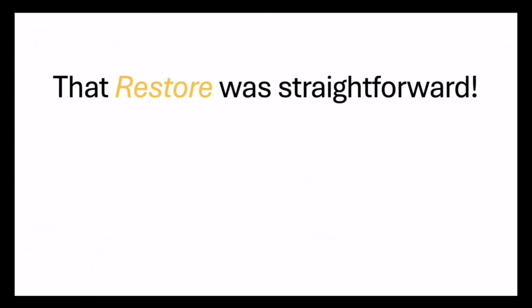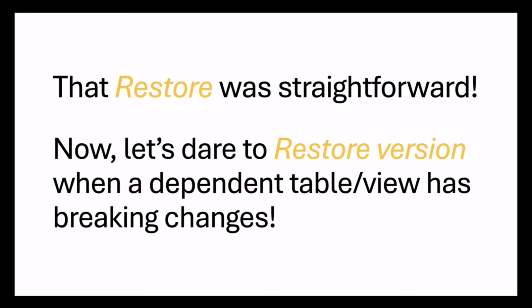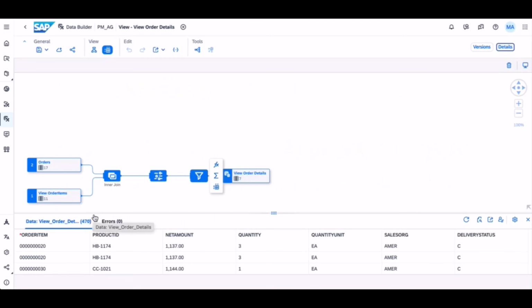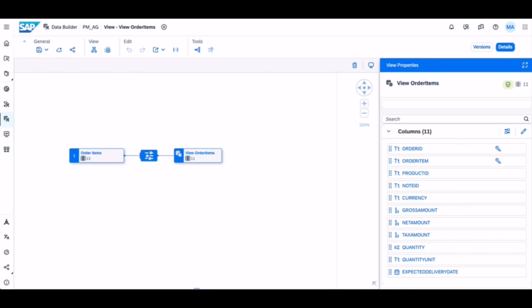That restore was straightforward. Let's try to restore a version when a dependent view has breaking changes. Now let's see what happens when I have an underlying table that has some change. So let me go to view order items here and make a change.